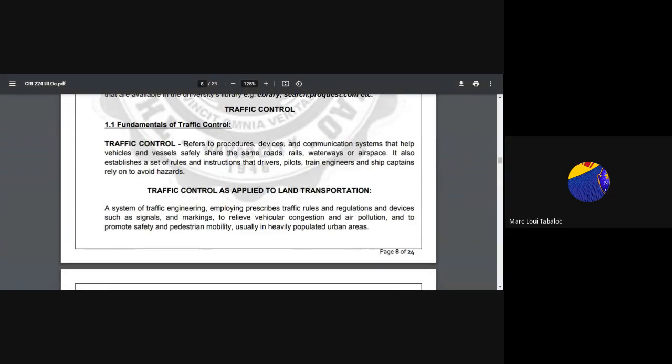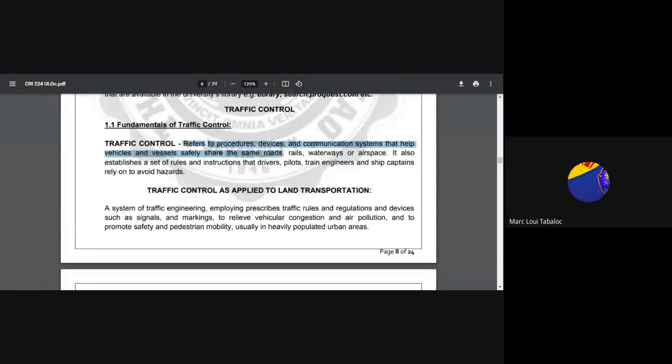Traffic control, like what was mentioned earlier, refers to the procedures, devices, and communication systems that help vehicles and road users share the same roadway safely.